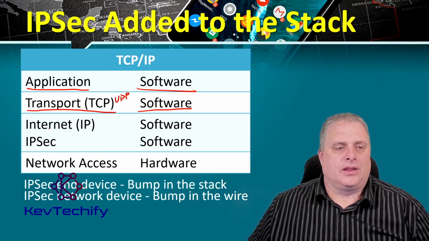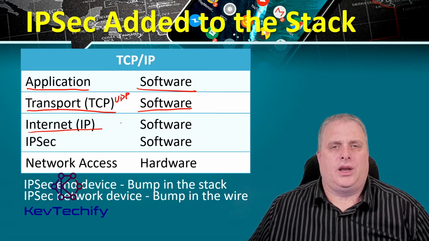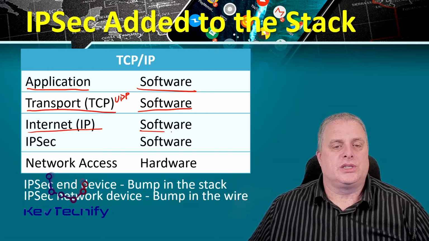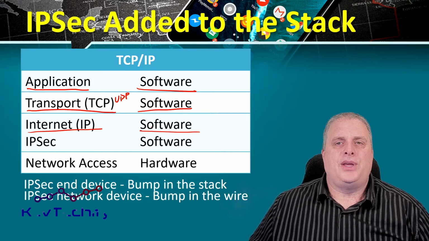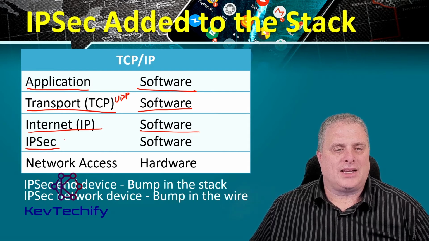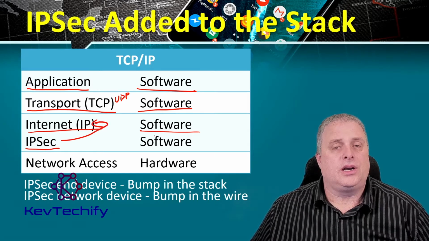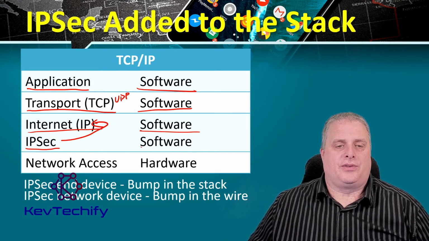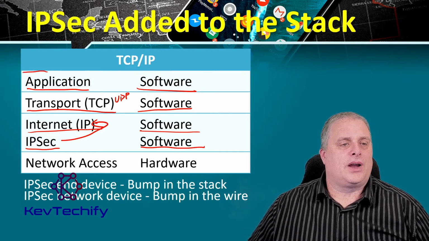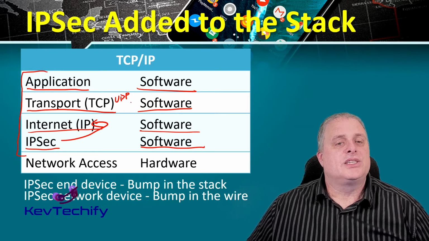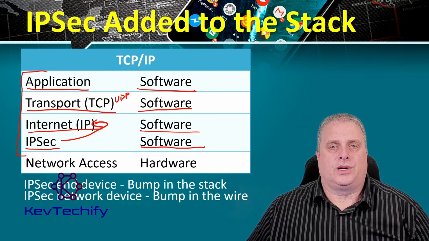The internet layer, or IP, also exists in software. IPsec is added at the internet or IP layer. So we add IPsec in at this layer, and this is also implemented in software. So all of these, application layer, transport layer, IP layer with IPsec, are all done in software.